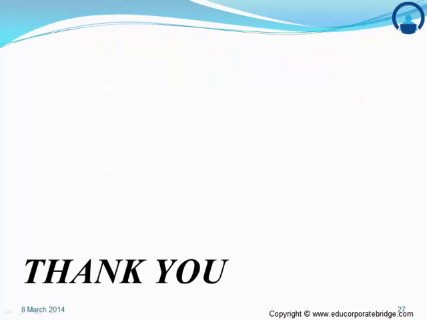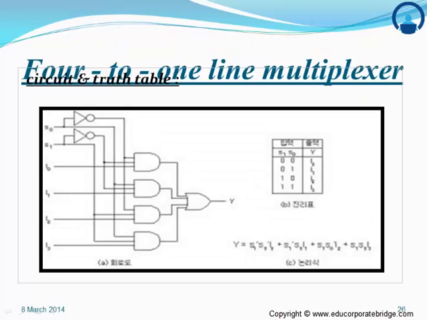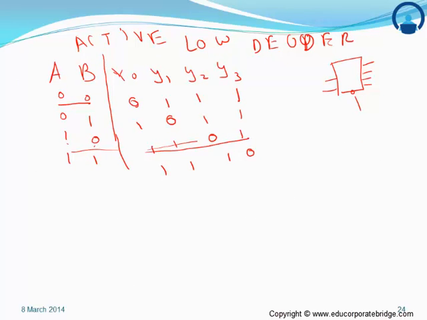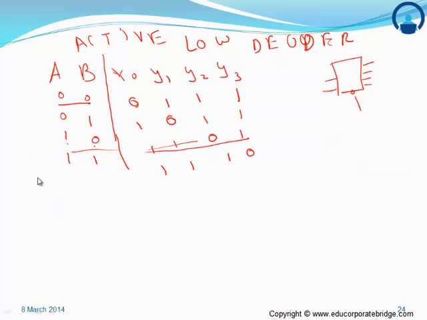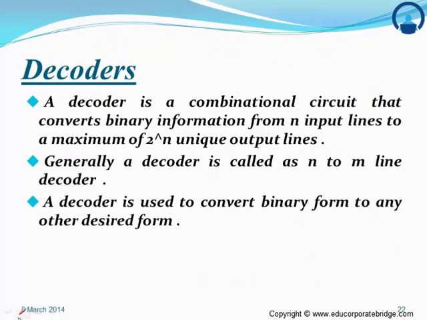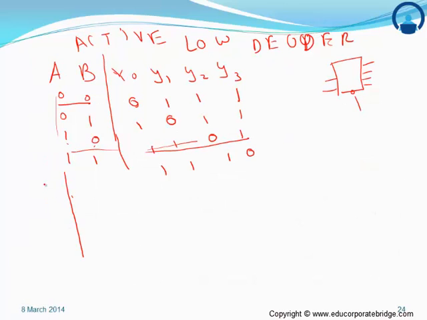The logic diagram for the 2:4 decoder for active high can be drawn as follows: this is the enable, this is the first input A, second input B. A will have one inverter or NOT gate.